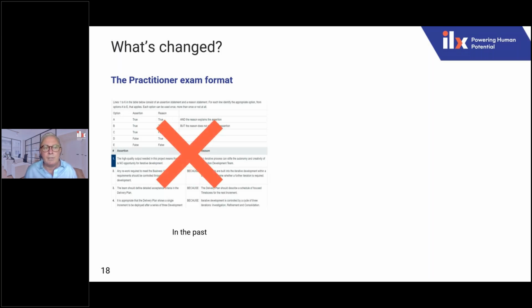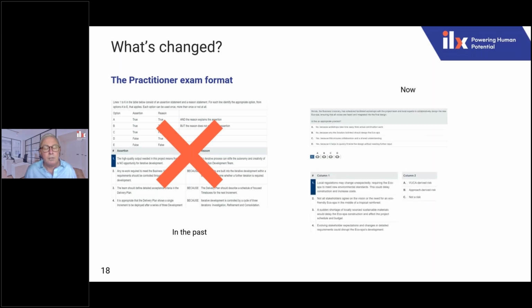That question style is now gone. Questions will now be traditional multiple choice, which is A, B, C, D, or sometimes what's known as matching questions, matching the left-hand side statement to the right-hand side. So traditional multiple choice and matching questions. So again, very, very doable.